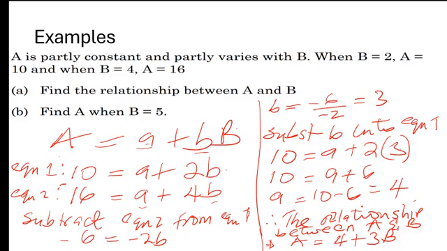So that relationship we have found to be A equal to 4 plus 3b. Basically that's that.